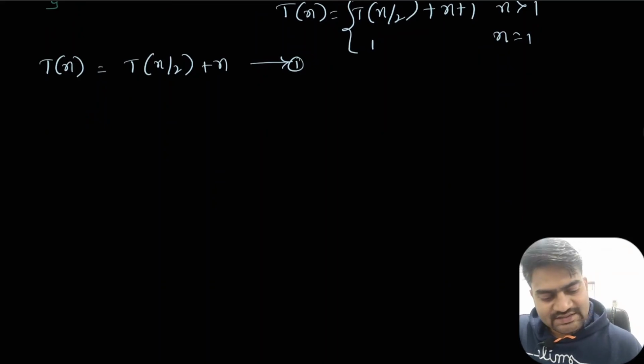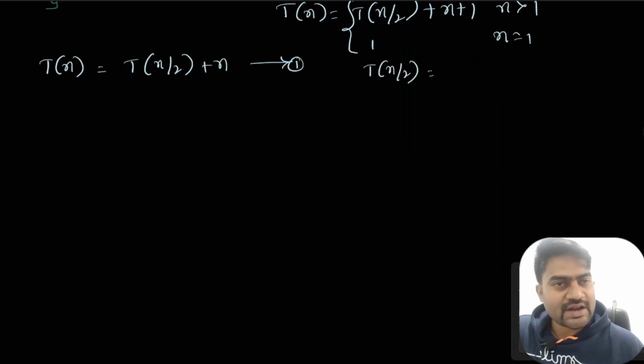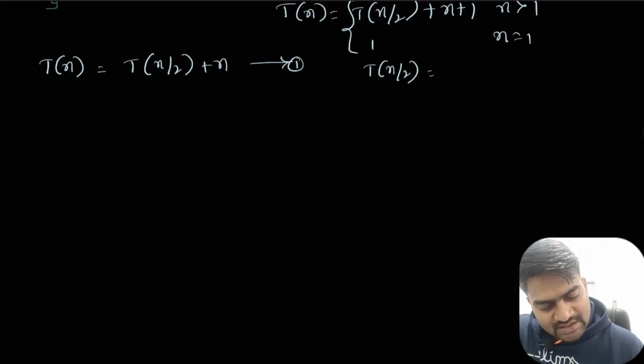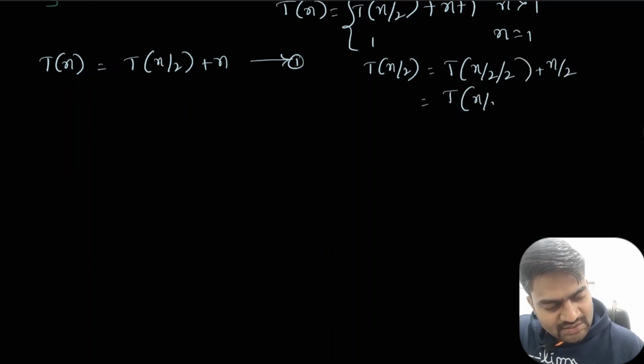Now I can figure out T of n if I know T of n by 2. So let us find T of n by 2. To find it, let me substitute n with n by 2 in the first equation. It becomes T of n by 2 by 2 plus n by 2, which is equal to T of n by 2 square plus n by 2.